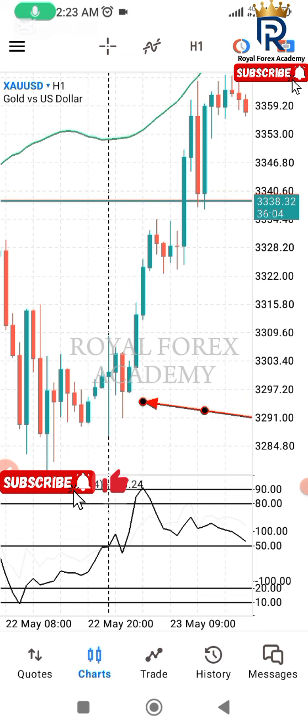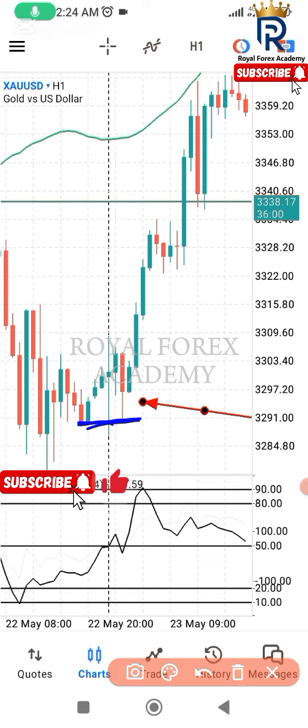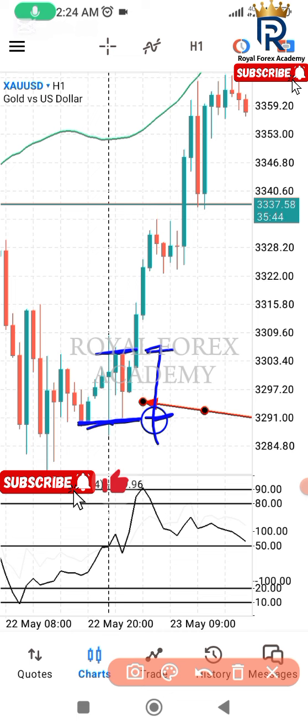Why? Because I have seen that buyers dominate from here all the way to this point. So for me to claim that sellers are now in charge, I will want to see sellers demonstrate their strength from this point beyond where the strength of the buyers has been displayed.